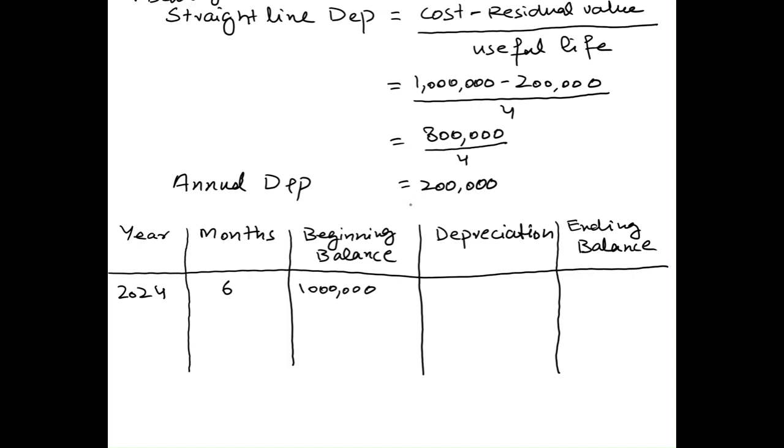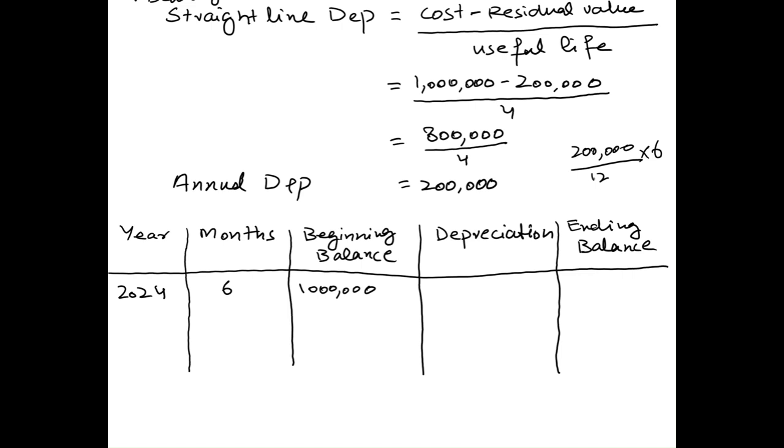So you need to divide this $200,000 by 12 and then multiply by 6. Because $200,000 divided by 12 gives you depreciation for 1 month, and you need to record depreciation for 6 months this year.